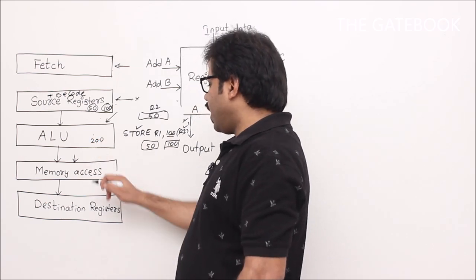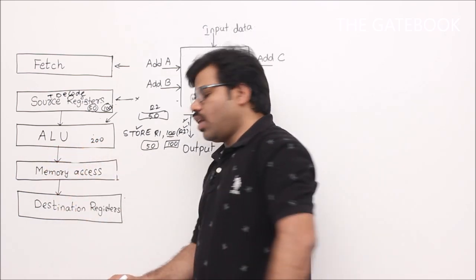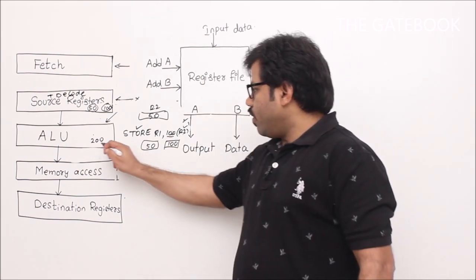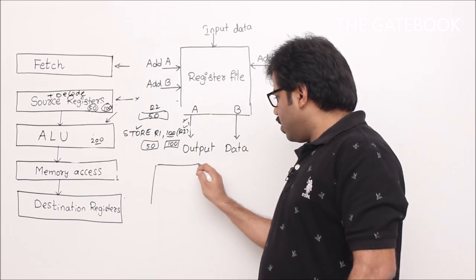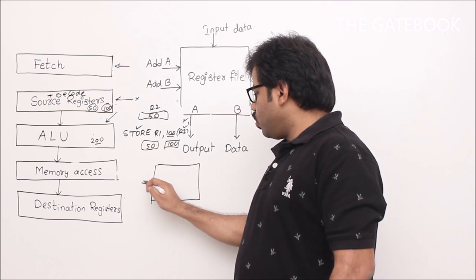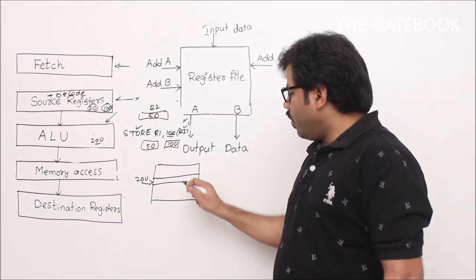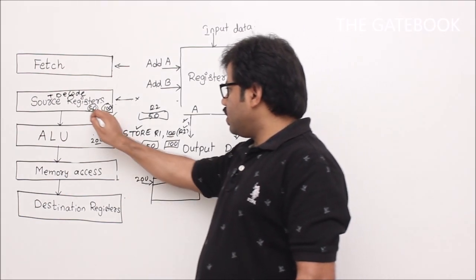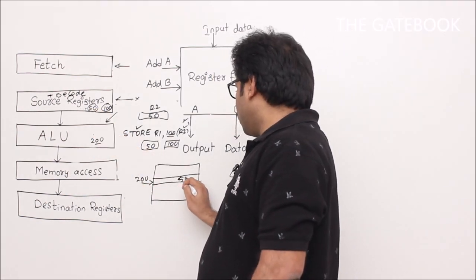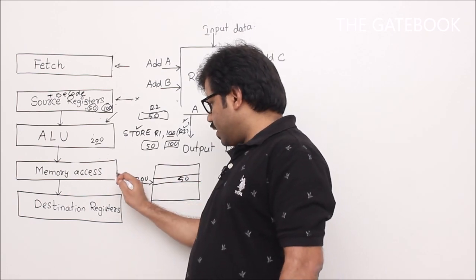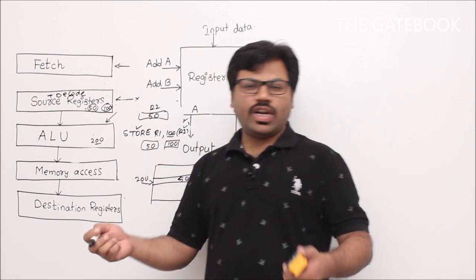After that, memory access. In the memory access phase, we will be going to main memory, especially to the 200th location, memory address 200, where we will be writing this data 50. That will be done in the memory access stage. After that, in the 5th stage, we don't have any work.